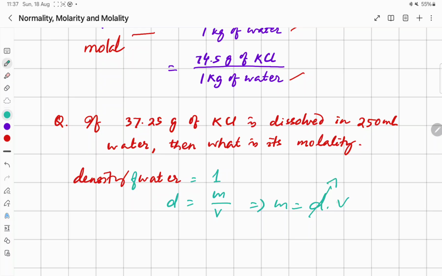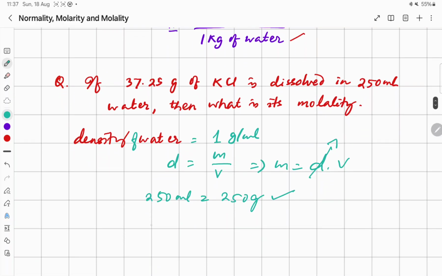Density is 1, so mass will be equal to V. So here 250 ml is taken, 250 ml means 250 gram, and the density of water is 1 gram per ml. So 250 ml of water is equal to 250 gram of water.